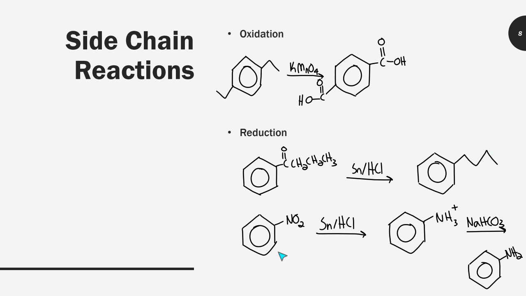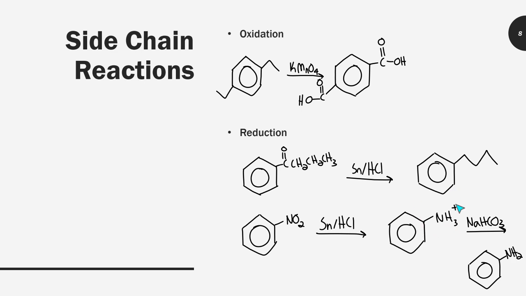So here I have nitrobenzene, and I can reduce nitrobenzene using the tin and hydrochloric acid. So when I reduce, it'll reduce to this, because I can't just selectively reduce some of the bonds here. I have to reduce all of them. So this gets reduced to NH3+, okay?